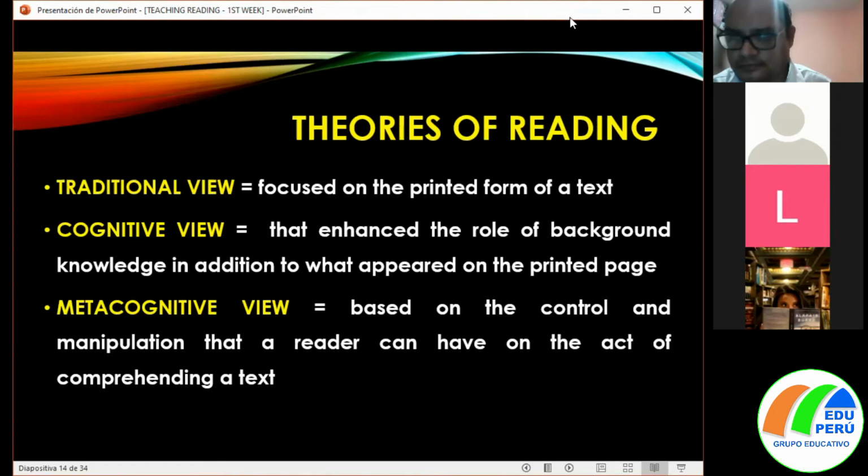For example, the inference, when you make conclusions. Yeah, but I'm talking about in general. In a general aspect, what is metacognition? For example, nowadays, when you prepare a lesson plan, you're asked to specify some metacognitive activities.